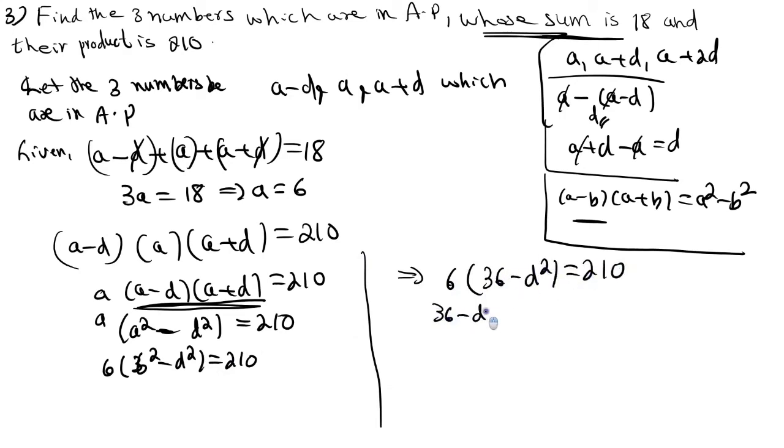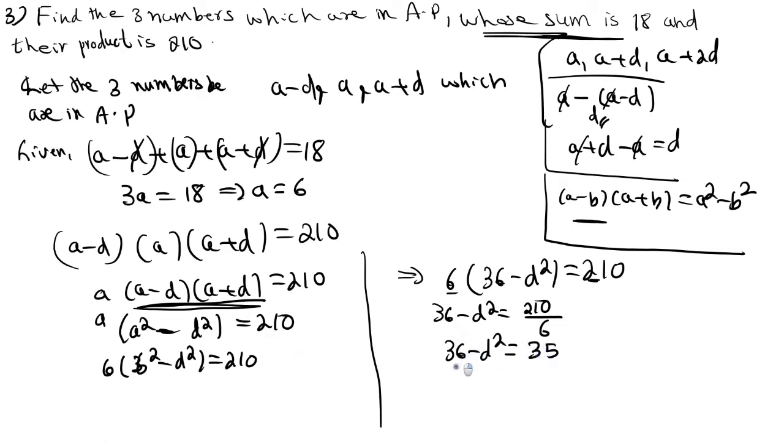Take this 6 to the RHS, it will become divided by 6. So 36 minus d square is equal to 210 divided by 6, you will get 35.